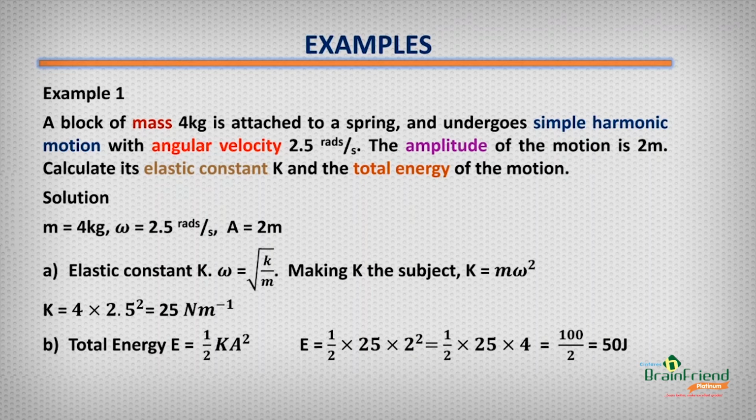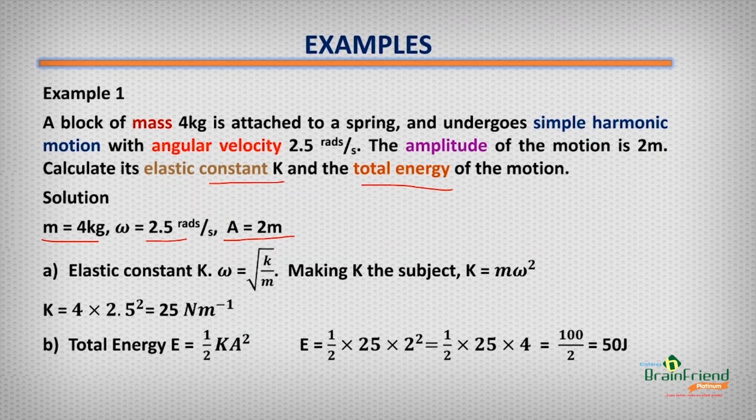Solution. From the question, our mass m is equal to 4 kg, the angular velocity omega is equal to 2.5 radians per second, and the amplitude of the motion A is equal to 2 meters. We are asked to calculate the elastic constant K and the total energy of the motion.